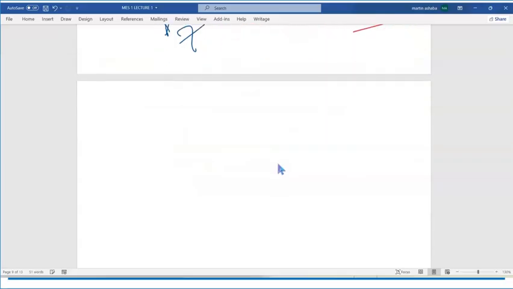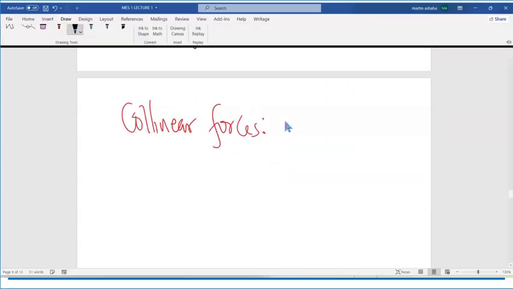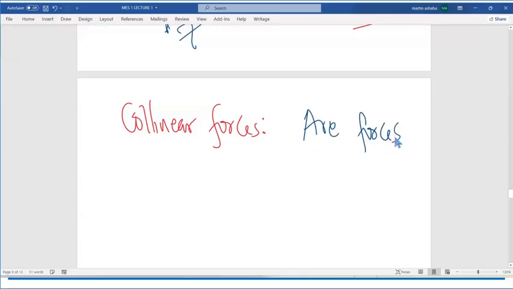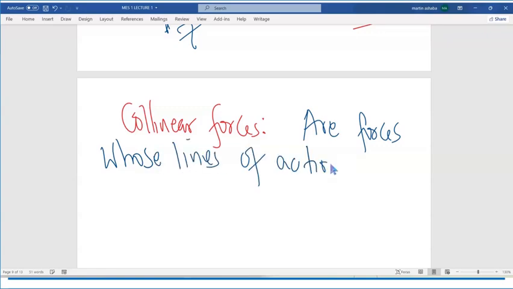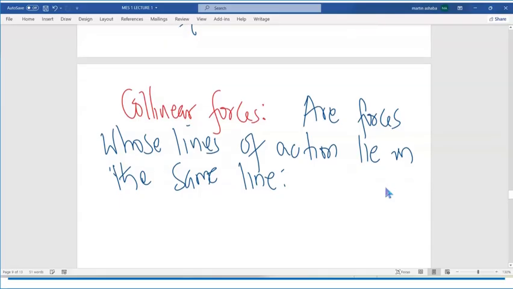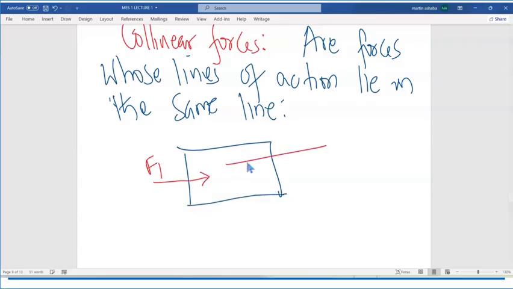Now let's go to collinear. Collinear forces are forces whose lines of action lie on the same line. So meaning you have different forces acting on the body like this. This is a force, maybe F1.